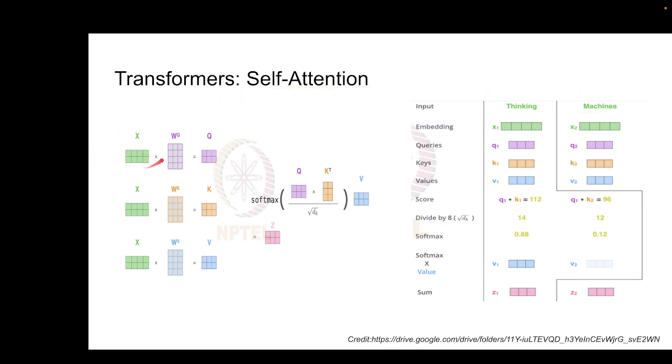Now you convert this X into query using some weight matrix WQ. Similarly, you convert the same thing into key using some projection matrix WK, and again into value using WV. Here you can see the X's are always the same, the weight matrices vary, and you get Q, K and V separately, but they are coming from the same source.